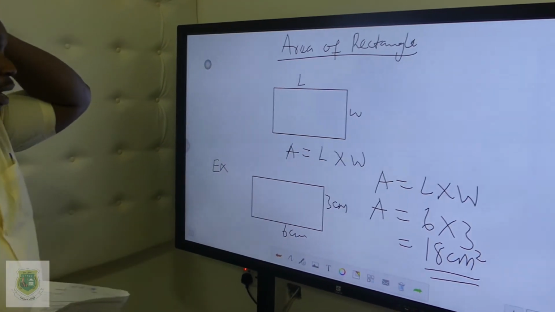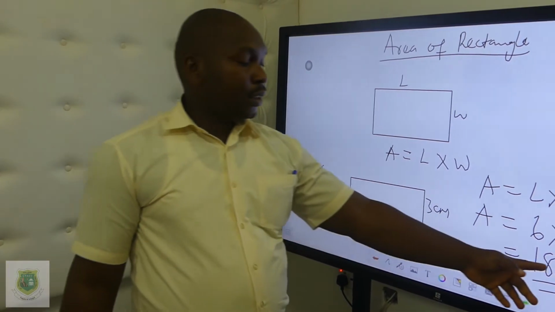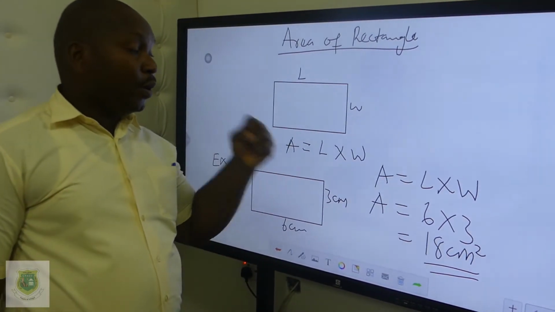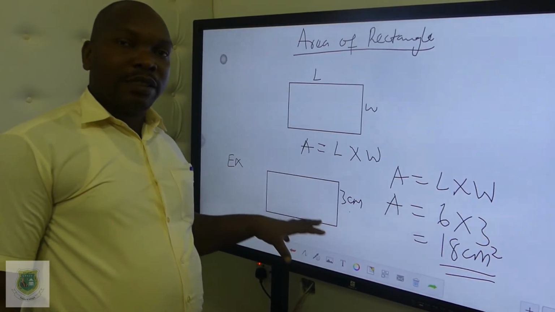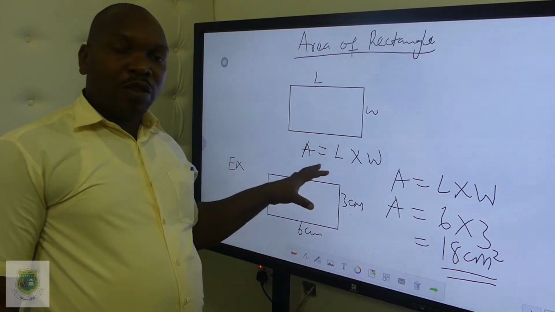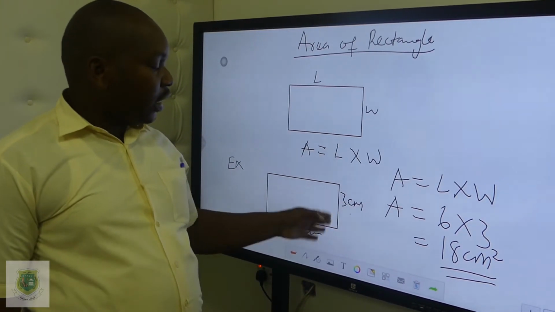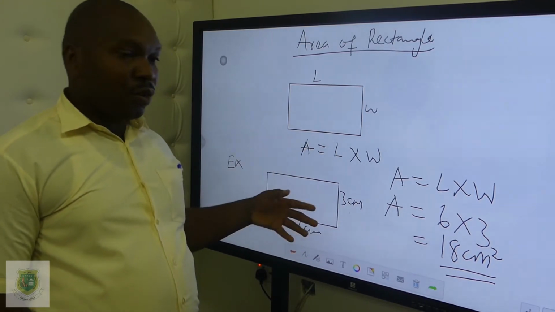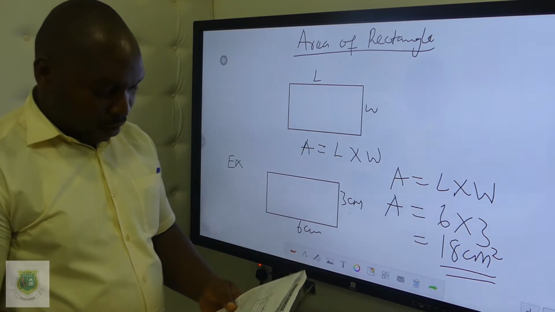Always know that area is measured in square units, depending on the unit of the size. That is, if the size is in feet, inches or yards, it must be square feet, square inches or square yards.